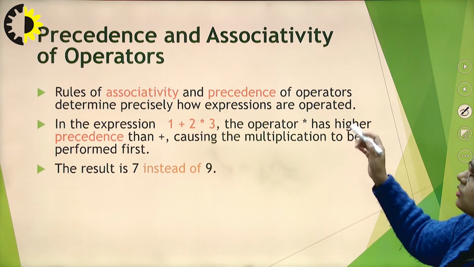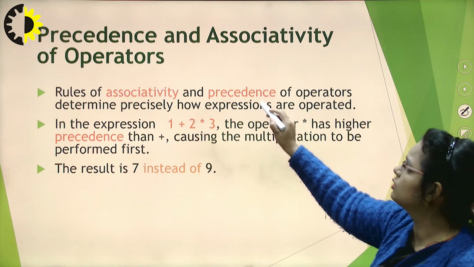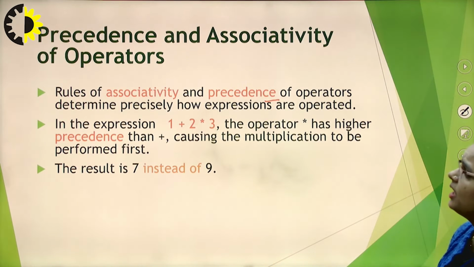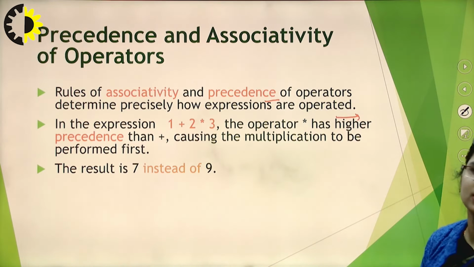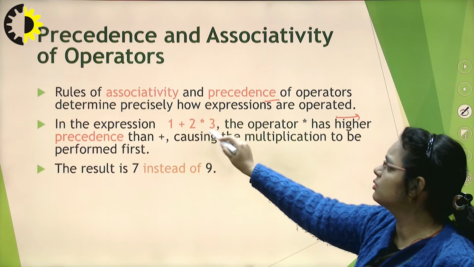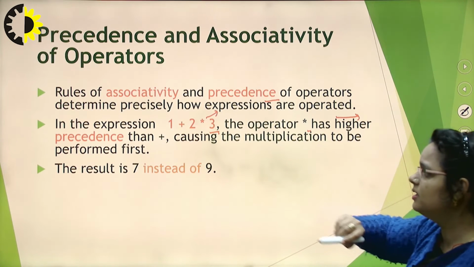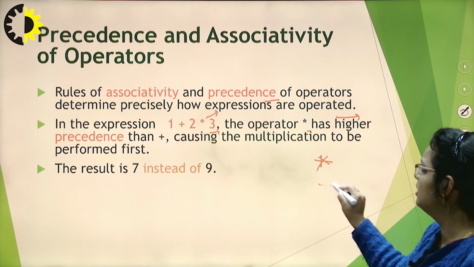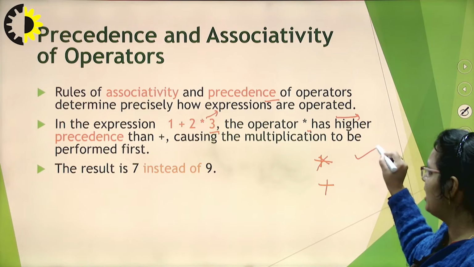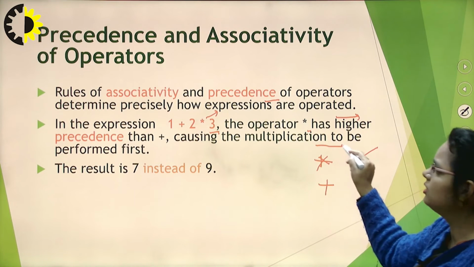What is actually precedence and associativity of operators? There are various rules of associativity and precedence of operators, and they determine precisely how each expression is evaluated. In the expression 1 plus 2 into 3, the operator star has higher precedence than addition. Multiplication has higher precedence, and addition comparatively lower, because multiplication is performed first.